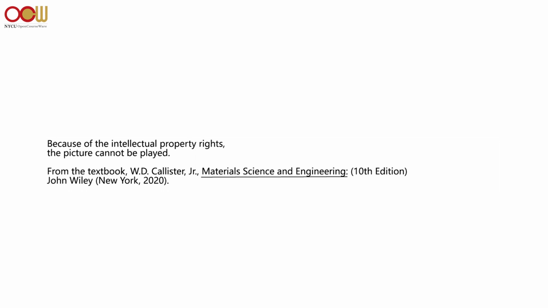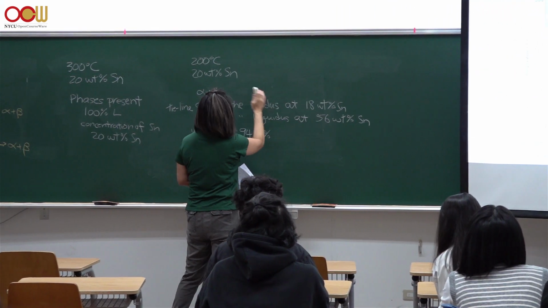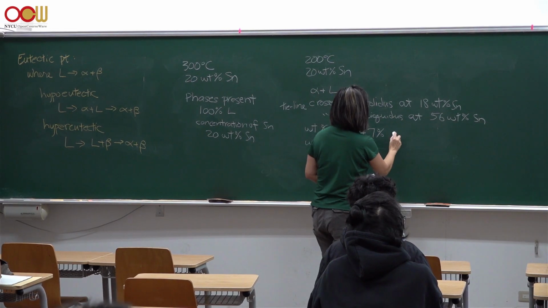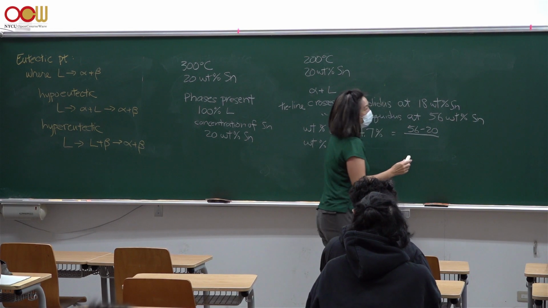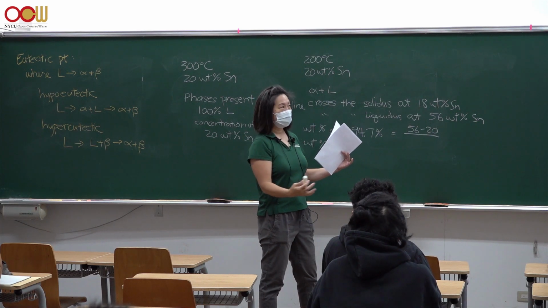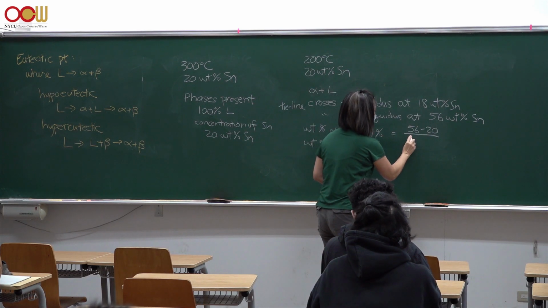To figure out the percentage of alpha, I take my tie line and use the length from the point to the opposite phase. So I go from here to the liquidus. That length is 56 minus 20, divided by the entire length of that line, so that's 56 minus 18.